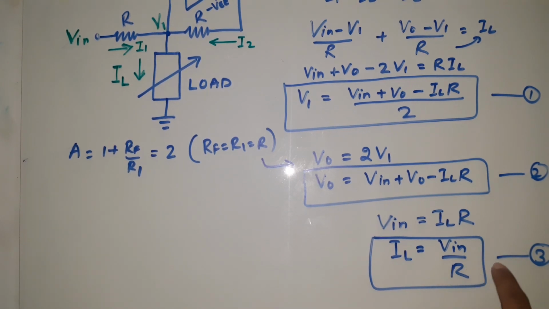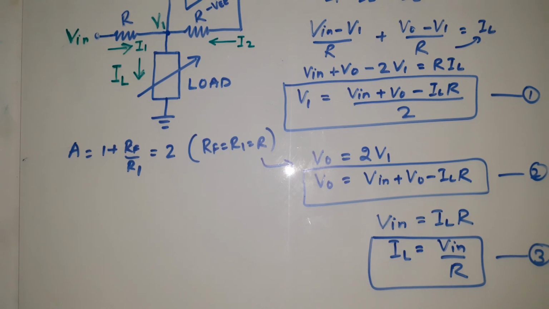Then based on your input voltage, your load current will be controlled. Okay? So your IL is getting controlled by the input voltage. Understood? Now this is how we can say voltage is being converted into current. That is actually IL proportional to V in.